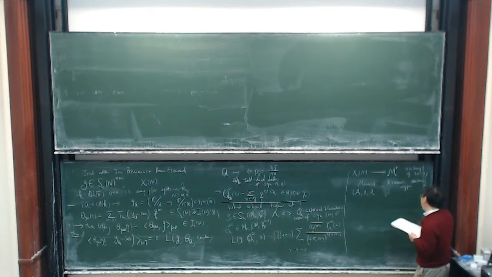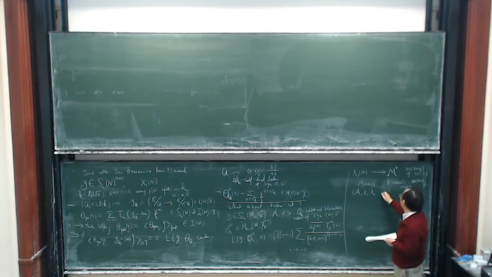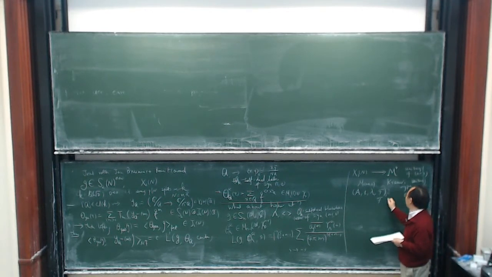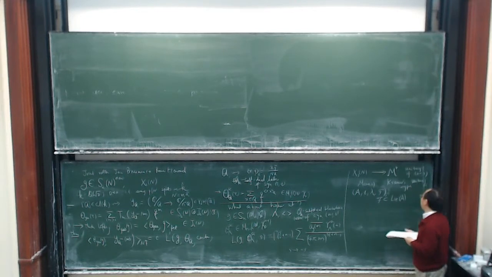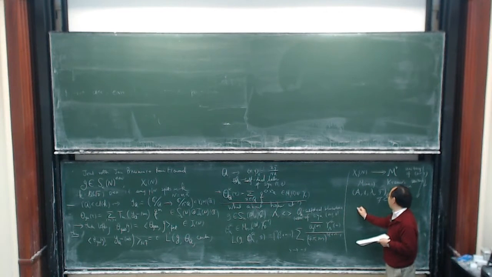To make it work over O_K, you need some kind of curvature condition: Lie F is a subsheaf of Lie A, locally free, with a certain signature condition of m minus 1. I will not put it there. And this one, we know, is over O_K, flat, regular.